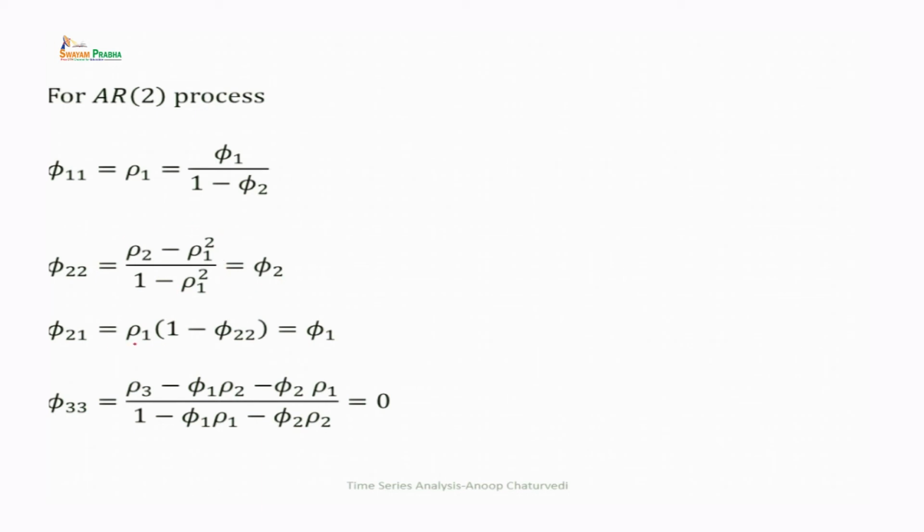Phi 2 1 is equal to rho 1 into 1 minus phi 2 2, and phi 2 2 is equal to phi 2. So, rho 1 into 1 minus phi 2 is equal to phi 1 from here.